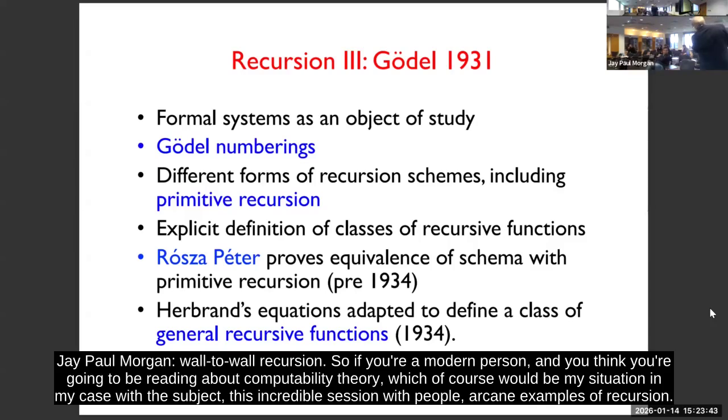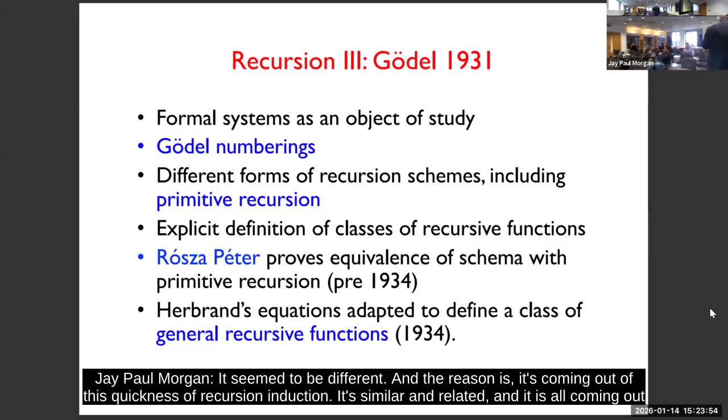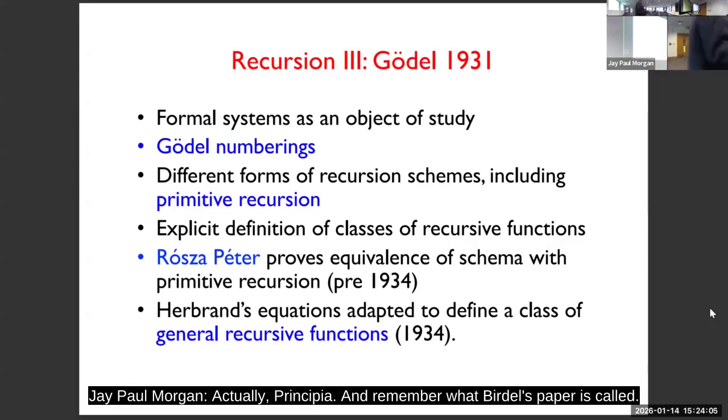So if you're a modern person and you think you're going to be reading about computability theory, which of course would be my situation when I came to the subject, this incredible session with arcane examples of recursion was quite interesting, but on the other hand, it seemed to be different. And the reason is it's coming out of this business of recursion induction. It's similar and related, and it is all coming out essentially of Principia.